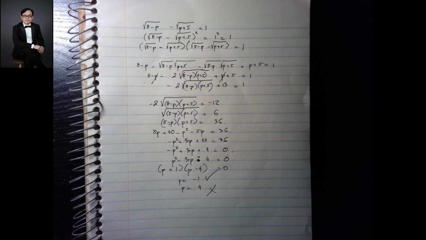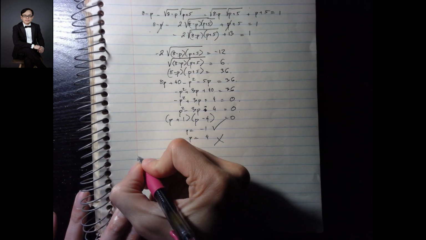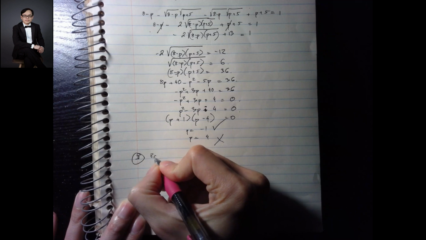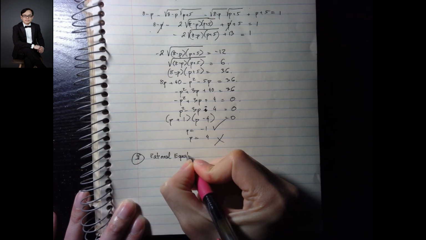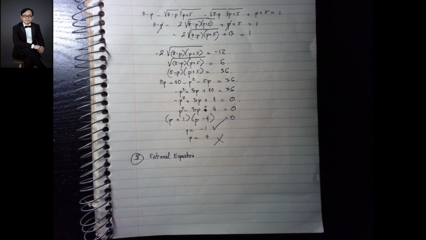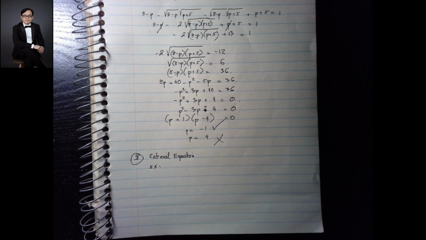The next part I want to talk about is the rational equation. I also mentioned that the word rational comes from the word ratio. So a rational equation is basically an equation that contains a term in fractional form.